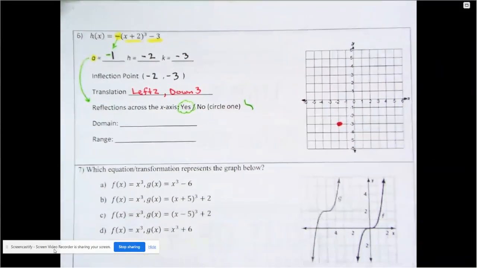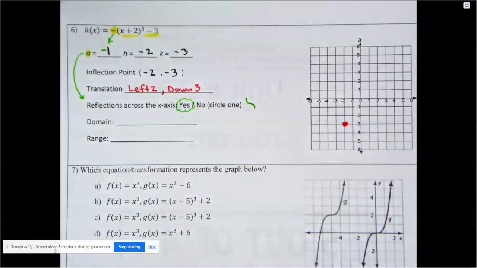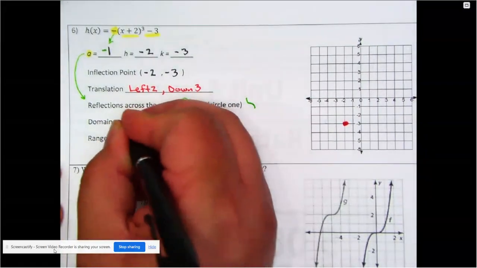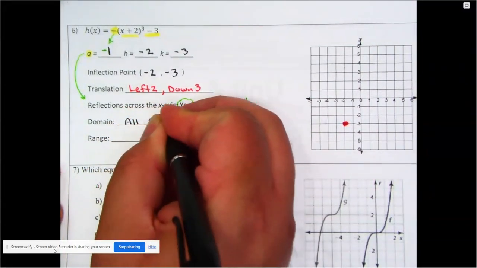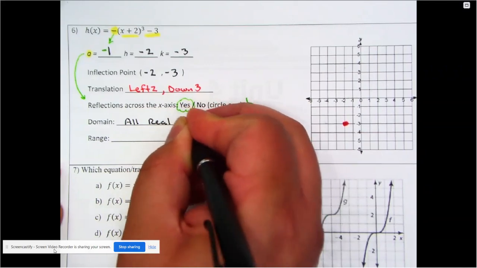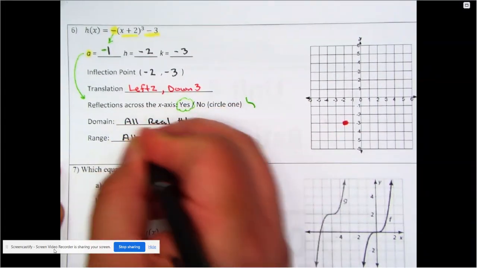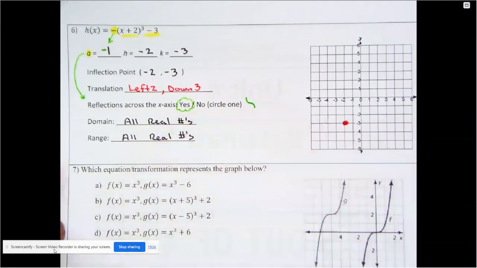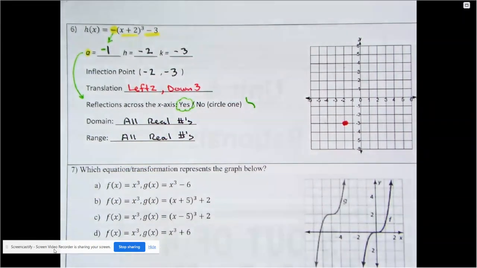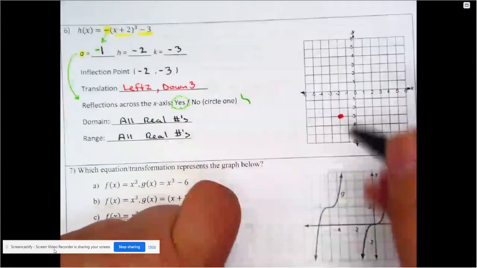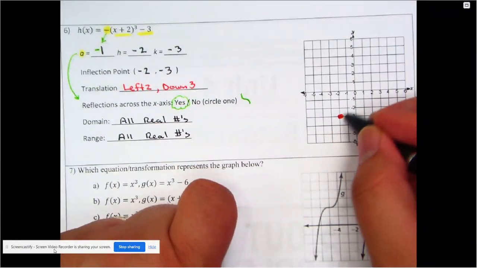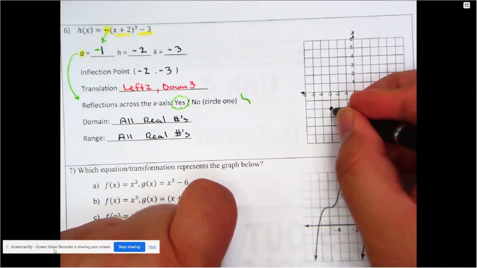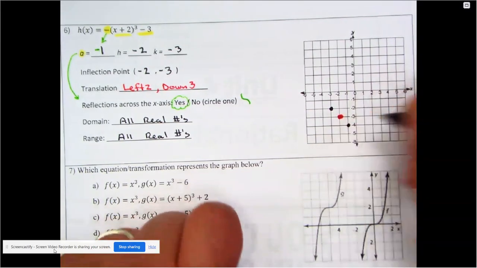All right, so let's see. And we can already answer this one. Domain is all real numbers. I don't even need a picture anymore for this. If you understood the notes from earlier, my domain and range is always all real numbers for a cubic function. That's a great thing about polynomials. And so now here we go. Now remember, it's got to look like this one. I know normally we just choose these 2 points, but because it got flipped, then it becomes these 2 points that we look at.